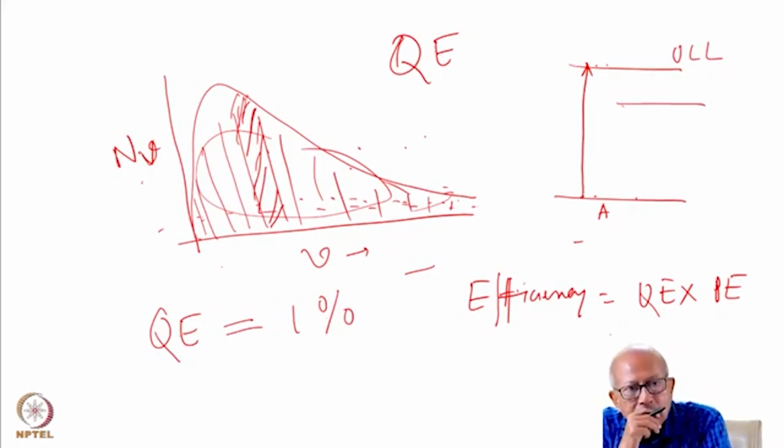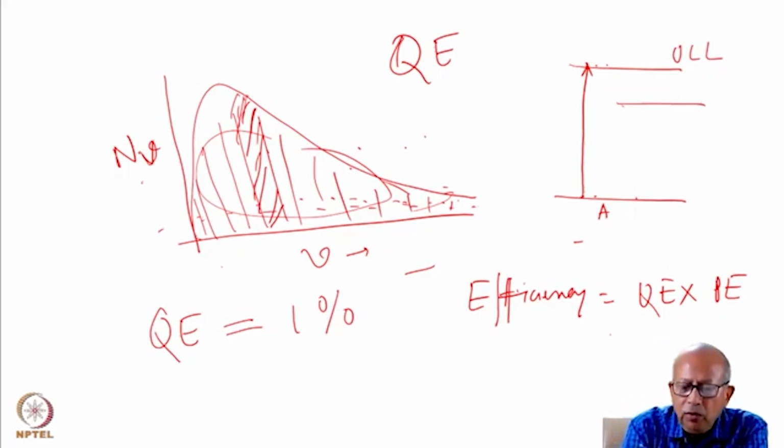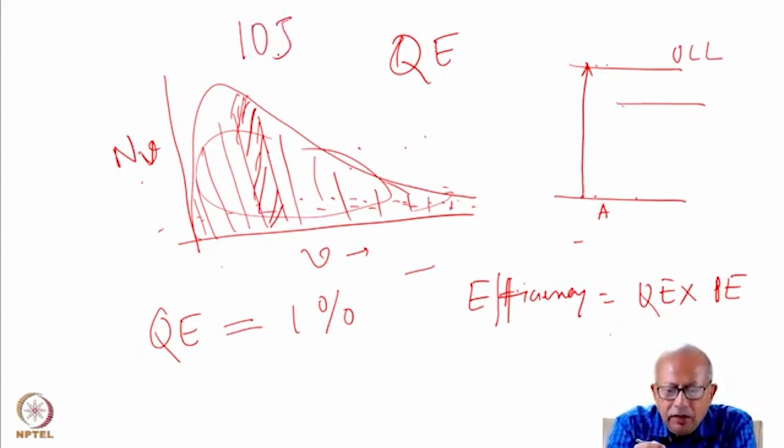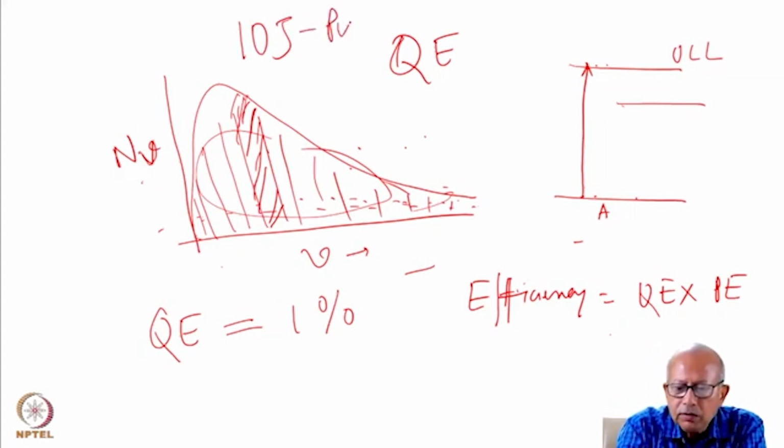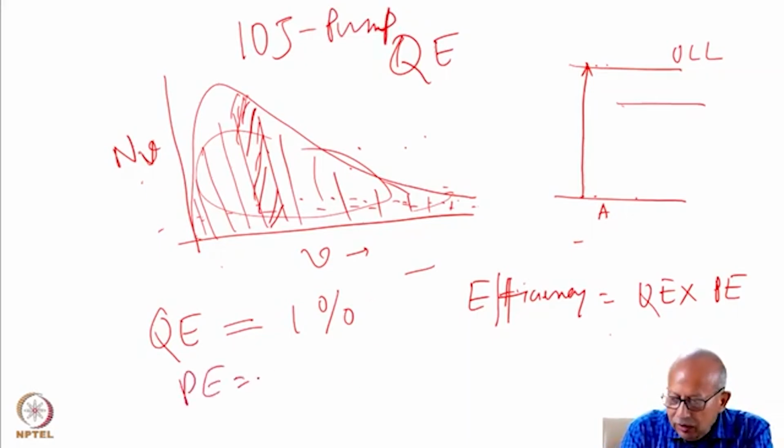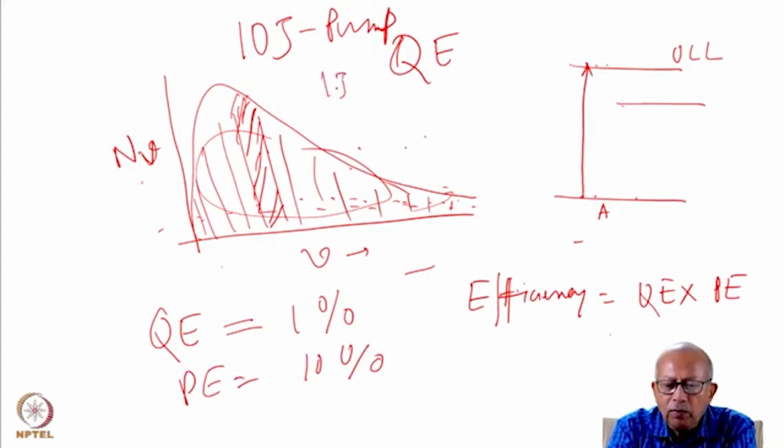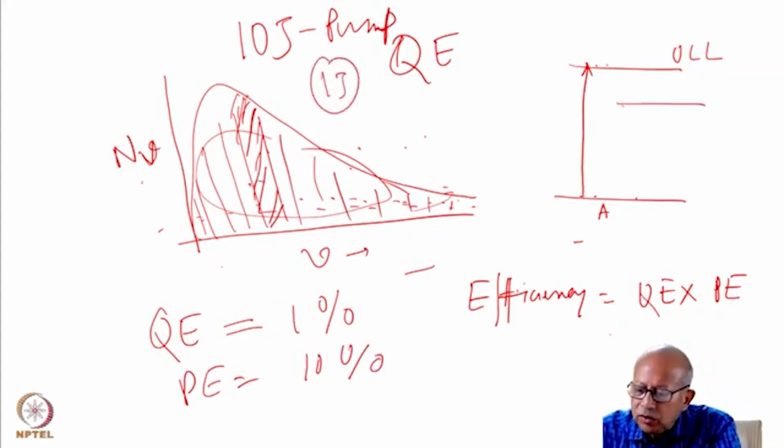And suppose the pumping efficiency is 10%, that is, if you have drawn 10 joules of energy as the pump energy and pumping efficiency is 10%, that means only 1 joule of pump energy is being utilized to transfer atoms from the ground state to the upper laser level to create population inversion.